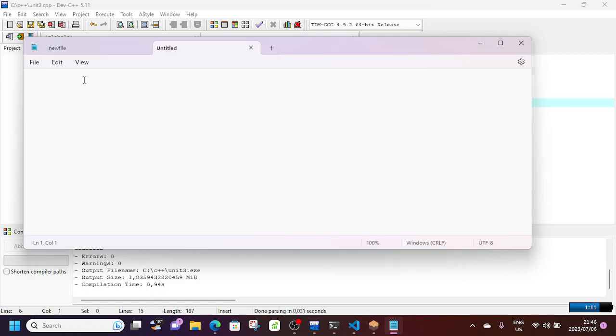If you're trying to get a multiplication table, you want 1 2 3 4 5 6 7 8 9 and then 10, and you're trying to multiply that by 1 2 3 4 5 6 7 8 9 and then 10.